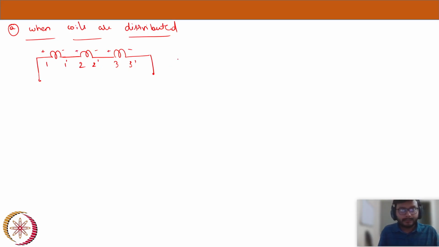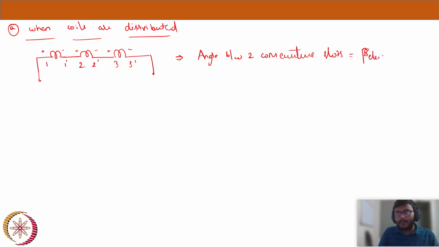That's right. Now we know that in case of distributed winding, the angle between two consecutive slots will be beta. How do we calculate the beta? We have to keep in mind that it is beta electrical. Let's say a quick example. There are 36 slots in a machine, and now beta mechanical.